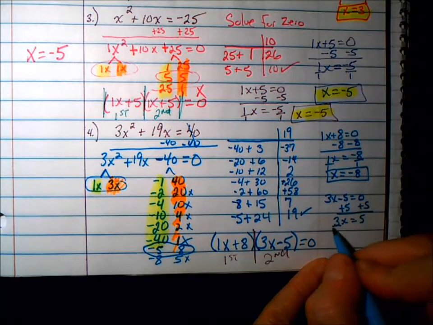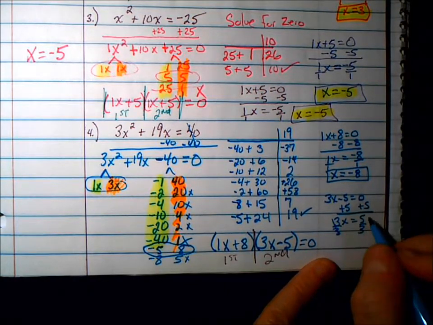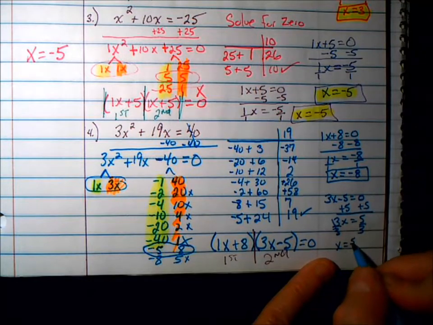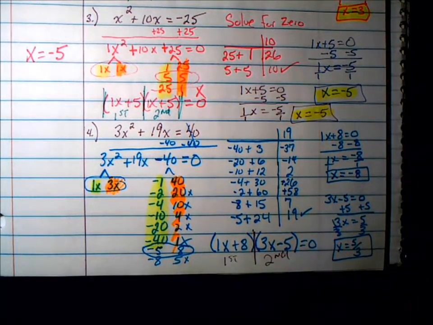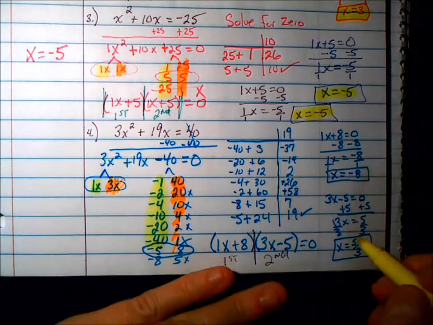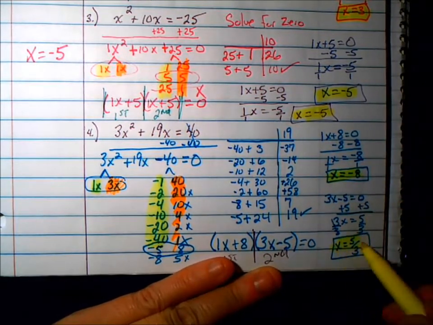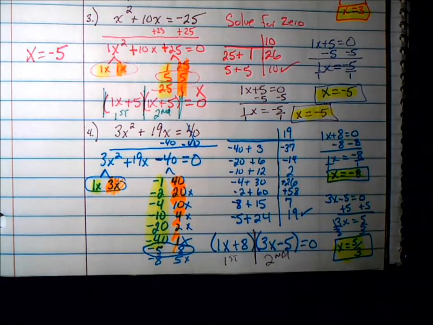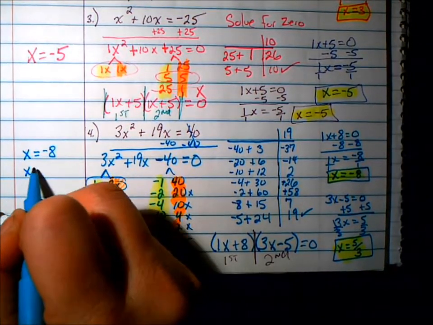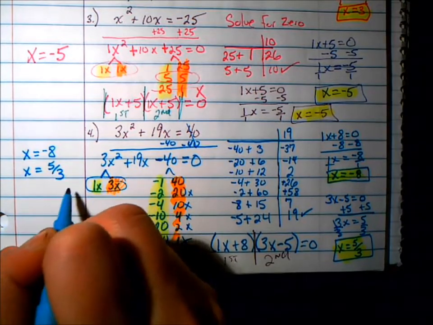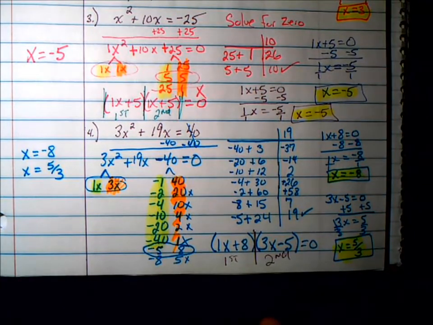I'm going to divide by 3, and that does not divide evenly, so I'm going to leave it 5 over 3 as my solution. So if I highlight those as my answers, and then I'm going to write it over here on the side, x equals negative 8 and x equals 5/3. Those are my answers.